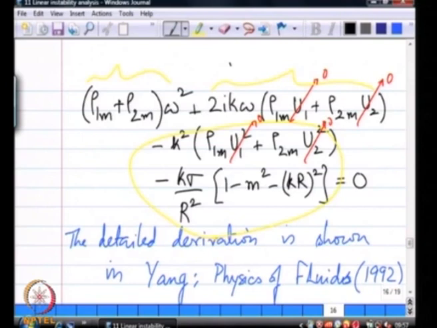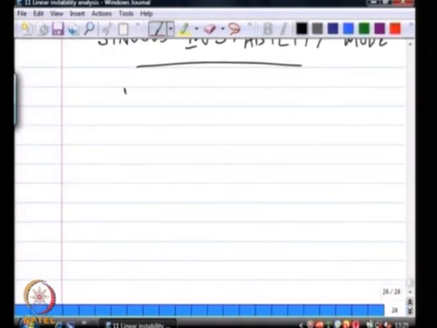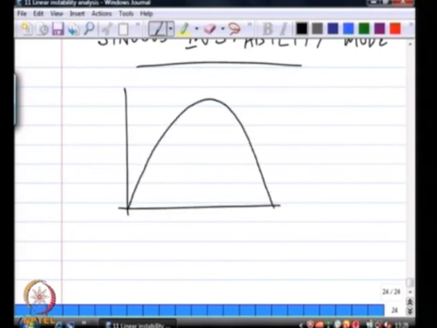If you do this calculation, what you will find is that of all the different modes of instability possible, now this is pure surface tension instability. Say if this is the instability for m equal to 0, m equal to 1, 2 etc. would all be subsets of this.